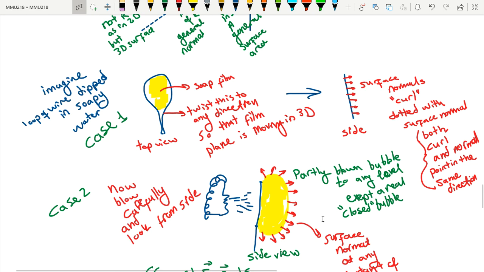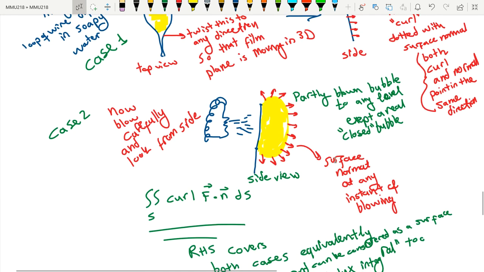I'm not making it a complete bubble yet, but I'm partly blowing into it, and carefully doing it so that I'm not breaking it. If I blow it a little bit, let's say this much, or more or less, it doesn't matter. I still have the normal vectors to that surface, and that surface is now a different equation.